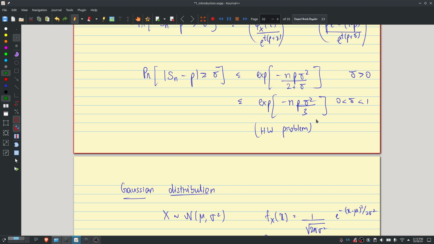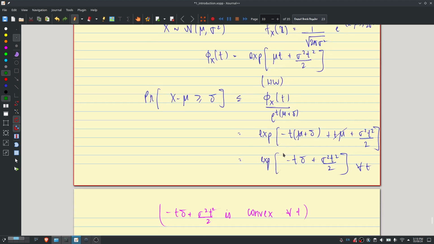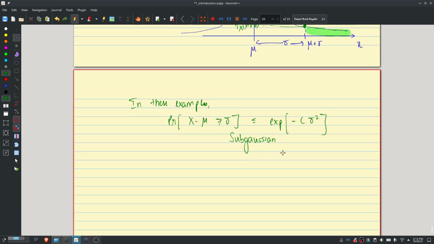But again, the phenomenon that you're attributing it to is that if you take a scaled average of random variables, then that converges in distribution to a Gaussian by the central limit theorem. But that's a different phenomenon, right? But we'll see more examples of sub-Gaussian random variables.